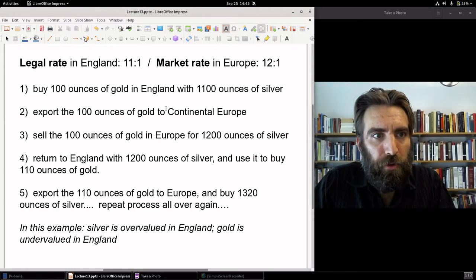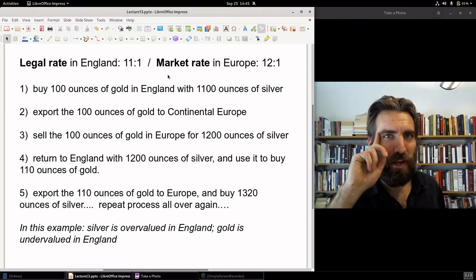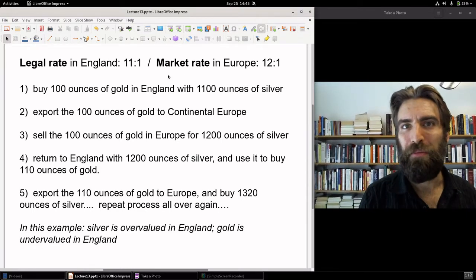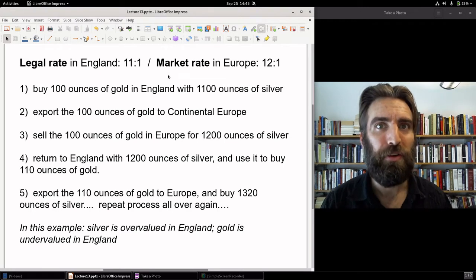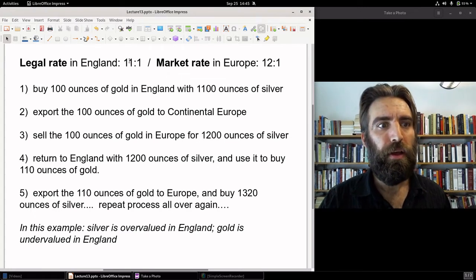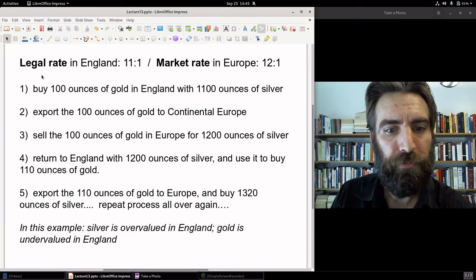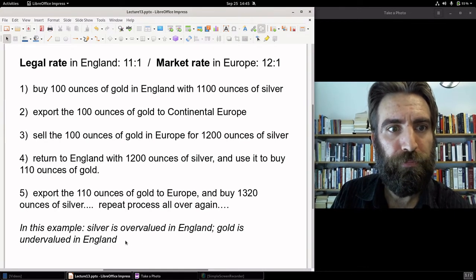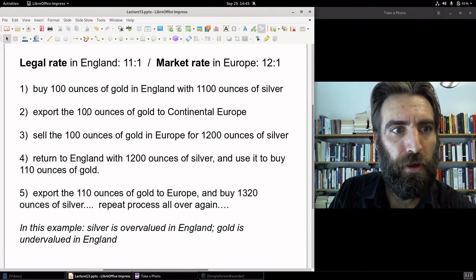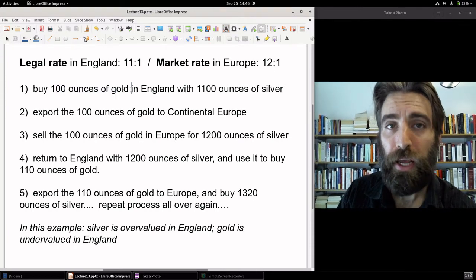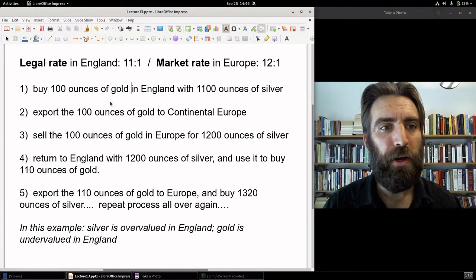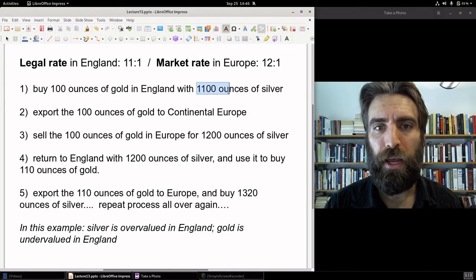Silver is overvalued, and the merchant figures this out. Wait a second. There's money to be made here. I can, the merchant says, exploit this situation. The merchant, because gold is undervalued, will buy 100 ounces of gold in England, so this is an English merchant, and he'll pay the 11-to-1 ratio.